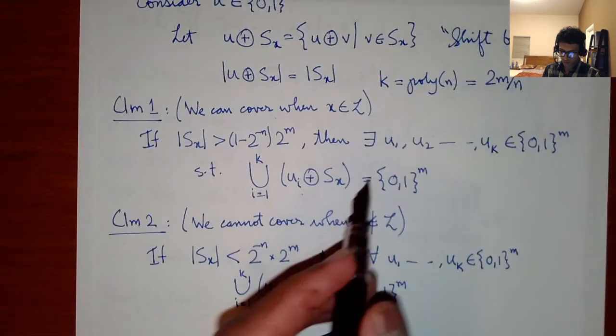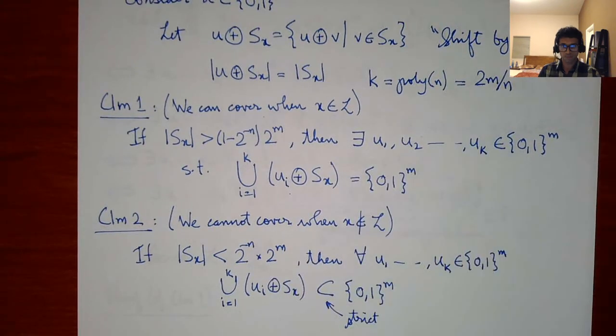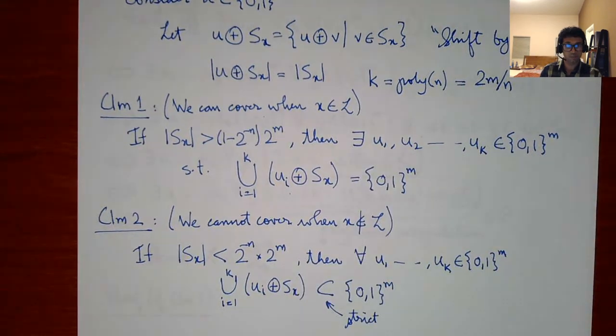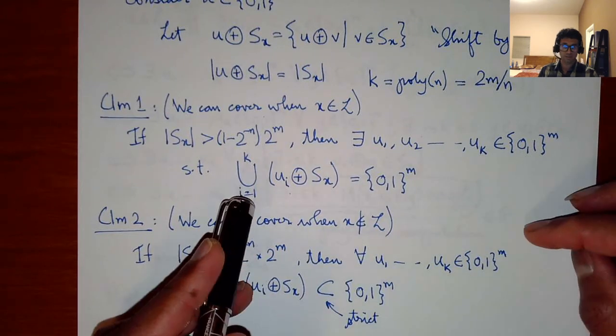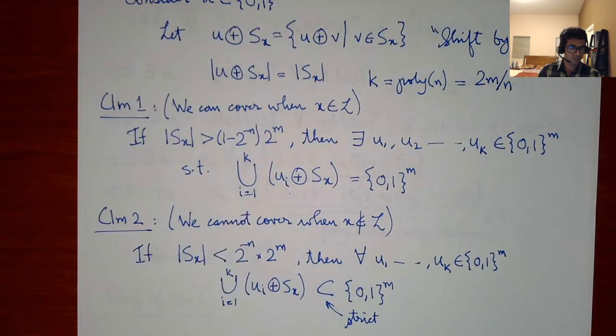So we want to show the existence of u1 to uk. And we'll use the probabilistic method. What we'll do is choose u1 to uk uniformly at random, and prove that the probability of satisfying the condition is strictly greater than 0, which means the u1 to uk exist.